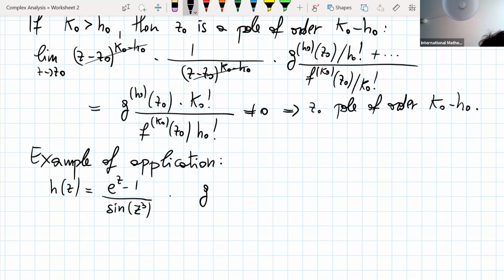So now g of z is e to the z minus 1, and f of z is sine of z cubed.